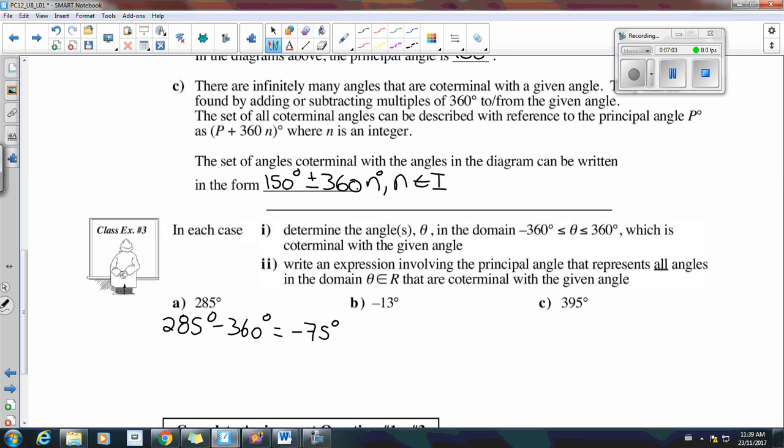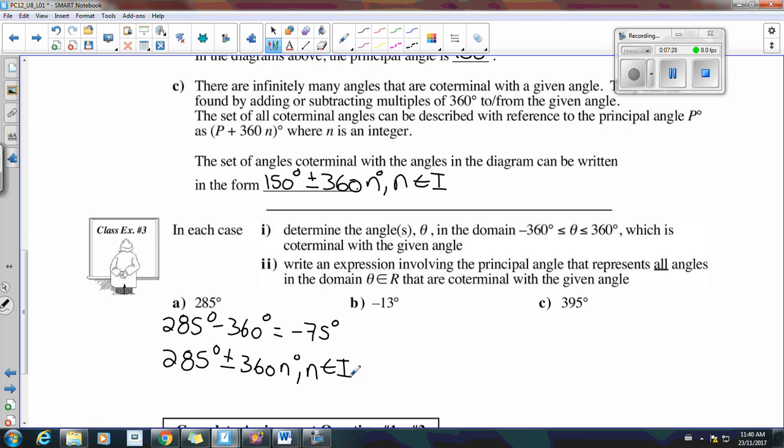That would be coterminal. To describe all of them, we have 285 degrees plus or minus 360n. We should always specify that n is an integer, because it can't be something like 2.5, since then it wouldn't be coterminal if we're not doing full rotations.